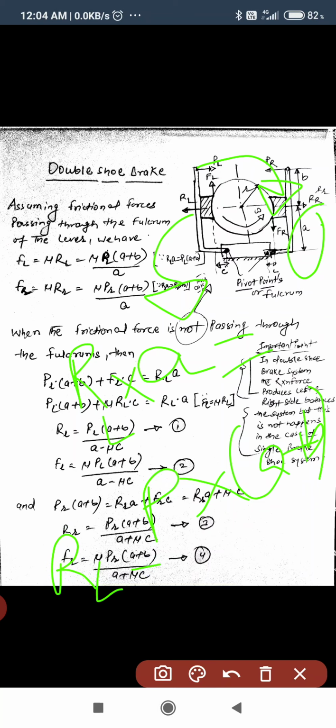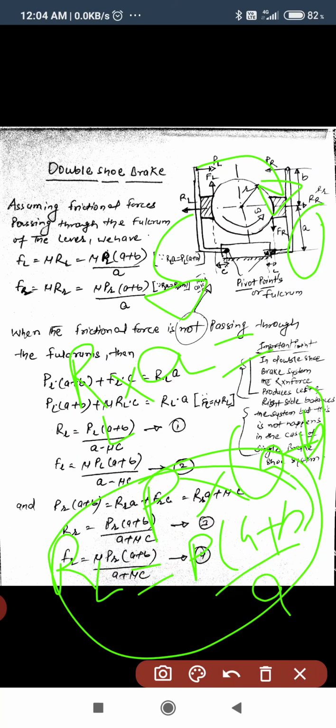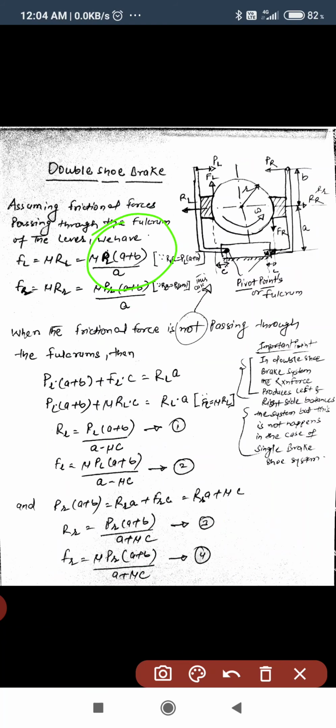RL is equal to P A plus B upon A. So directly I put this value here, and we have FL equal to mu PL A plus B upon A.